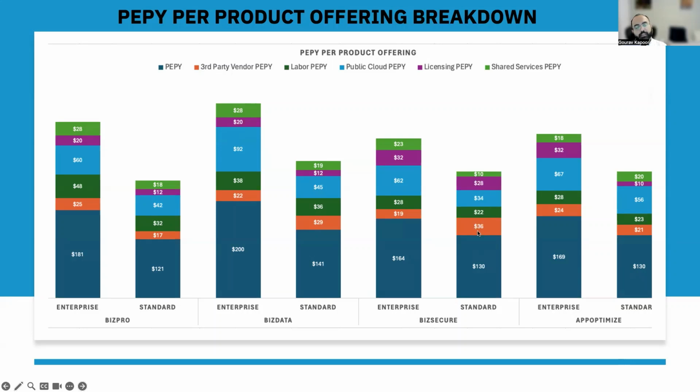So it gives me information to go and figure out where I need to invest money. Do I need to change a technology here? Do I need to look at a different vendor here? Do I need to negotiate my vendor contract here? So that visibility is achieved when we break down this PEPI by these different components. Again, these are the building blocks in this particular scenario.